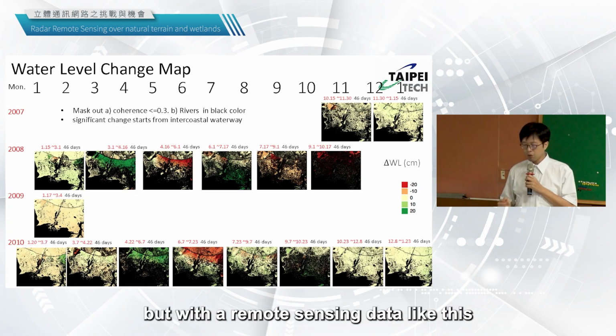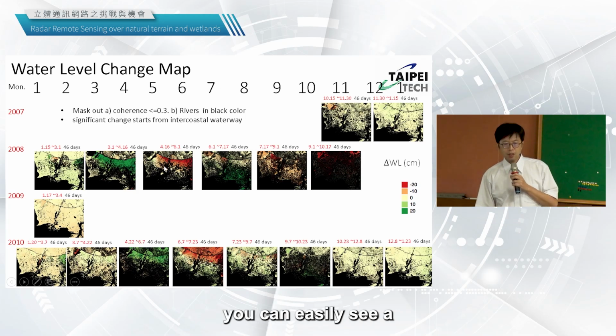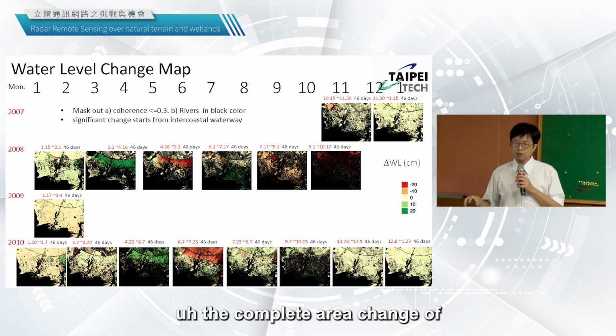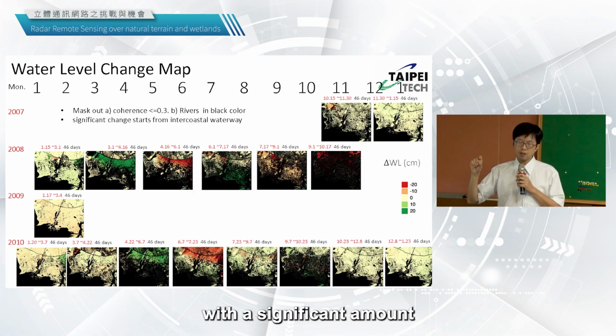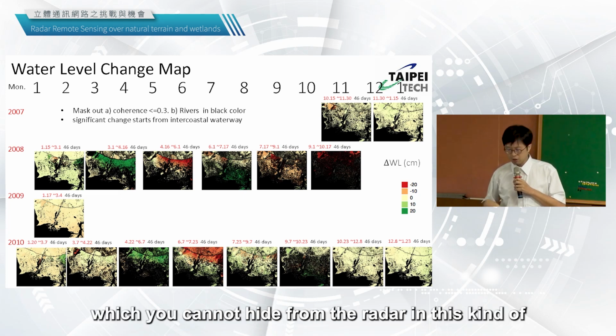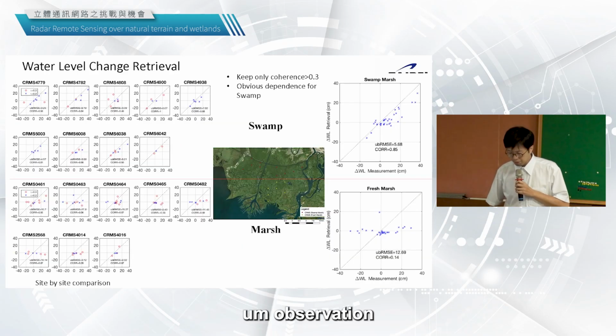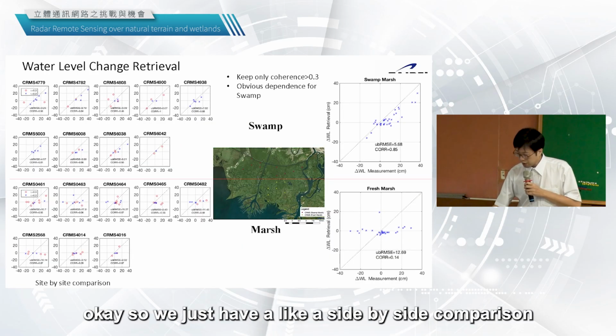But with remote sensing data like this, you can easily see the complete area change of a significant amount, which you cannot hide from the radar in this kind of observation.